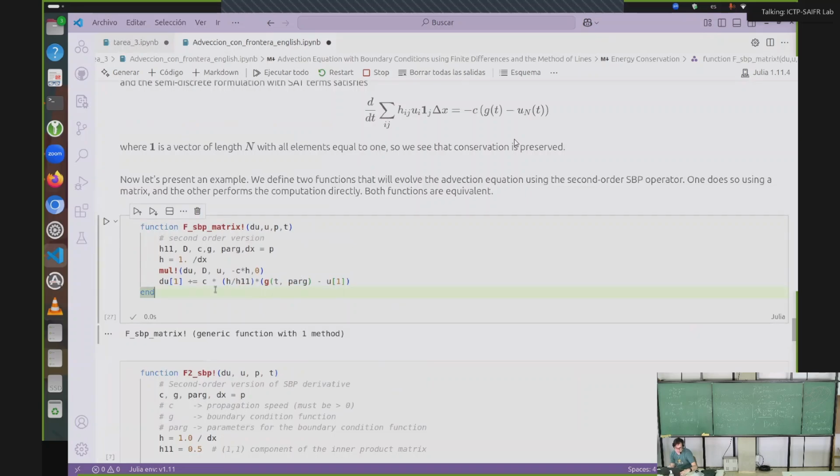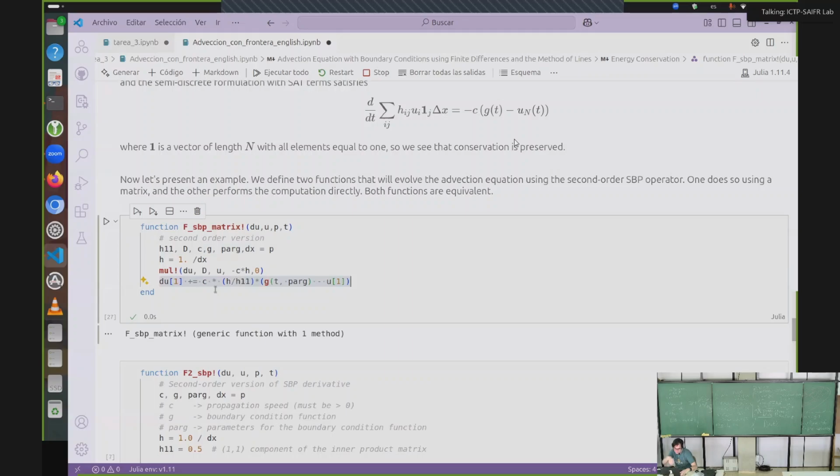So this is the same as you were doing in the one before, right? So you are receiving the operator, the propagation speed. Here we are receiving some function, which is actually the boundary condition that we are trying to impose. And in this case, first you do the finite difference operator to calculate the derivative, and then you add this term here, which is actually the SAT term.